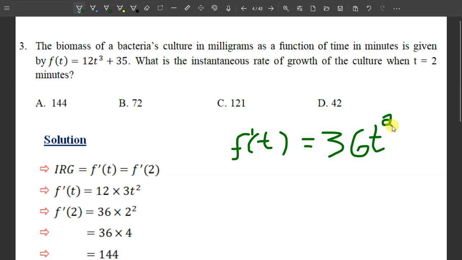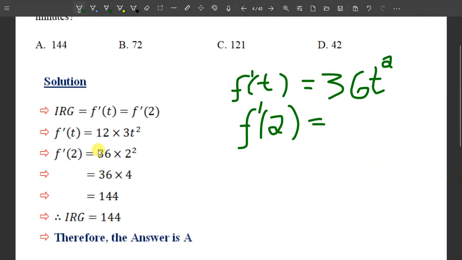The derivative of any constant is always 0. So f prime of t is 36 t squared. Replace t by 2, and 36 times 4 gives us 144.